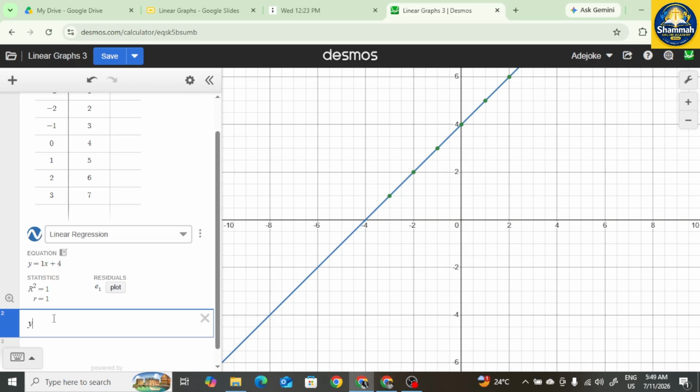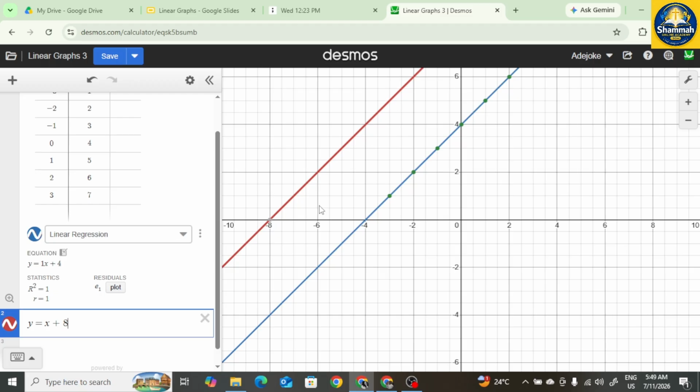So we have y equals x plus 8. Okay, so do you see where the parallel line emerged?